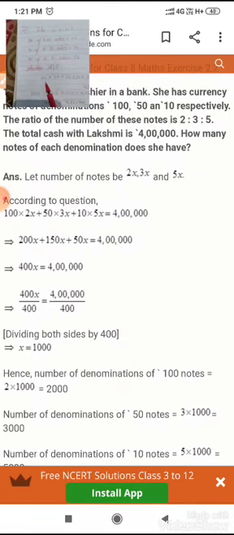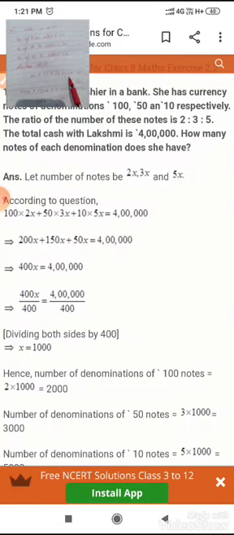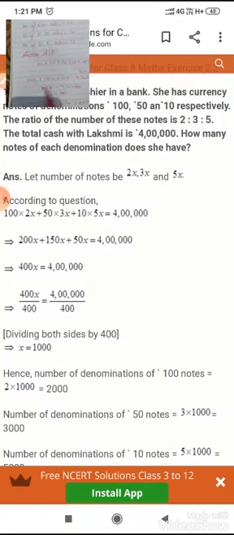So we multiply 100 by 2x, then 50 by 3x, then 10 by 5x, and the total is 4 lakh. After solving this equation, we get 400x is equal to 4 lakh, and the value of x is 1000.